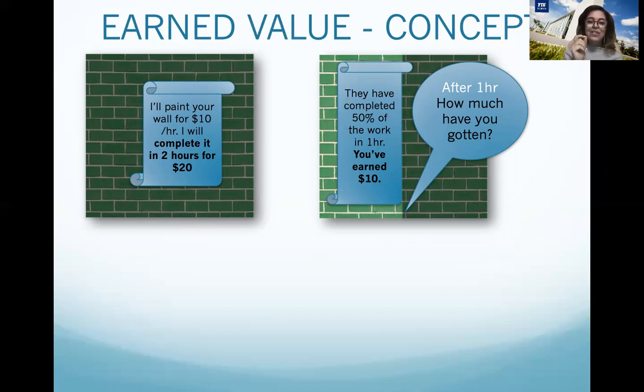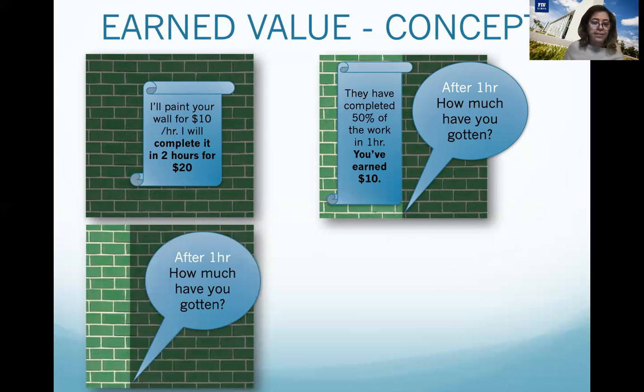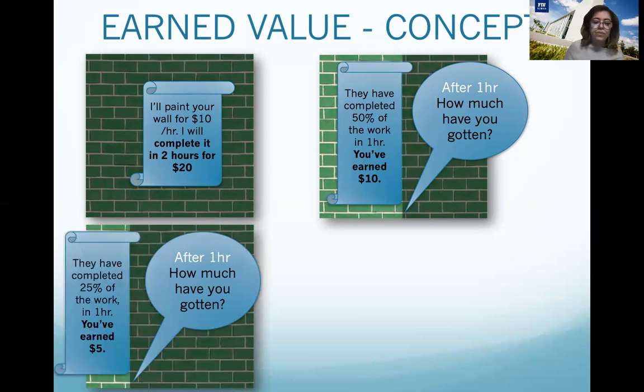If they have completed 50% of the work in 1 hour, the earned value is 50% of $20, which is $10. So the earned value is $10. It's how much work has been performed in 1 hour.